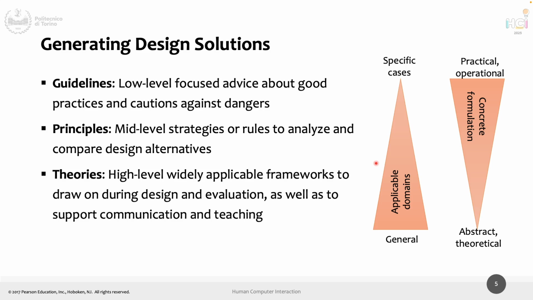So when we talk about generating design solutions, we have 3 levels. On the one side, we have theories. Theories are general and abstract. They tell us how things work and why things work in a certain way. On the other side of these 2 triangles, you have guidelines. Guidelines are low-level advice, focused on specific cases and extremely practical and operational.